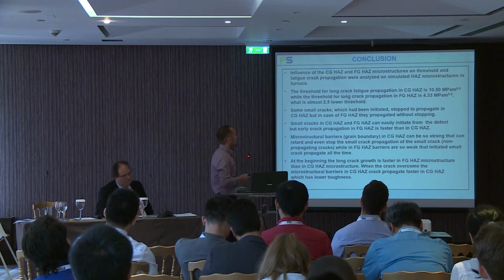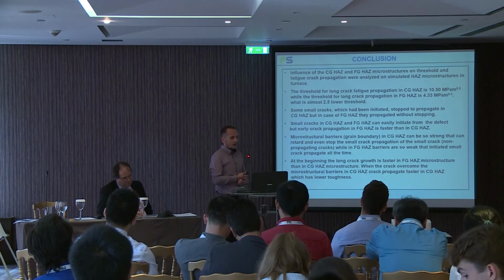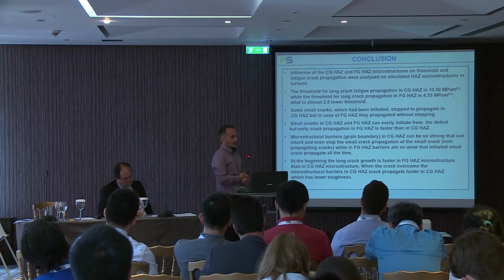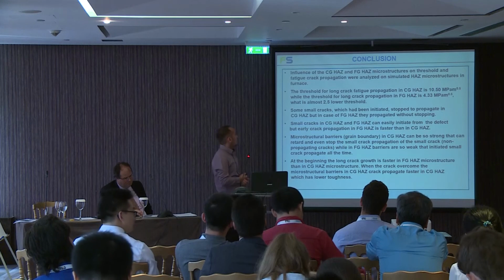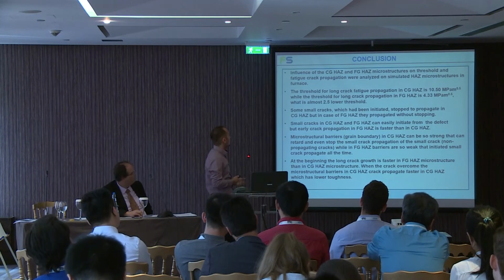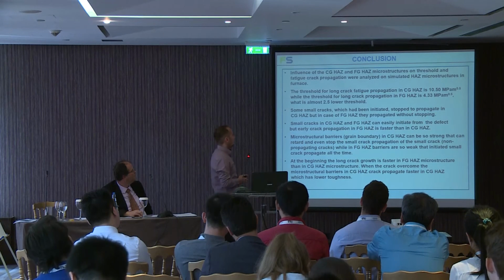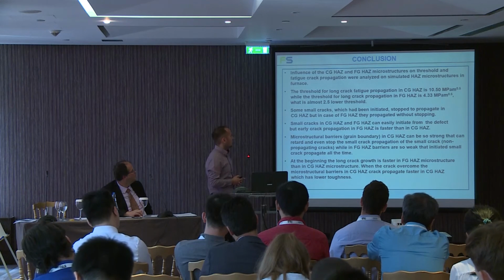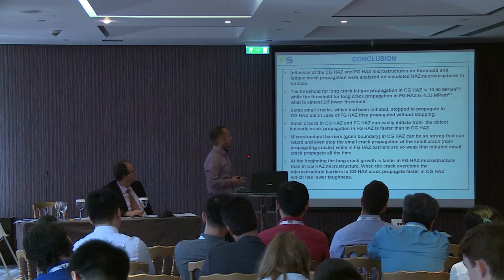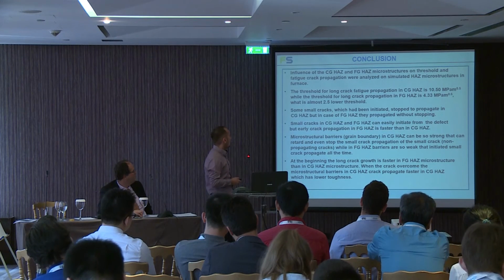So, a couple of conclusions. At first, we have found that the coarse grain heat affected zone has a larger threshold for long crack propagation in comparison with the fine grain. It is about 2.5 times.